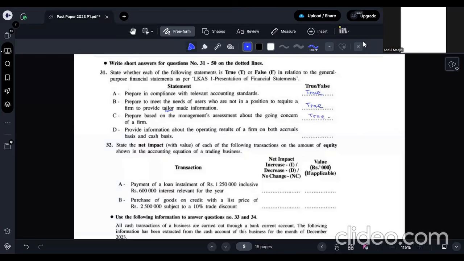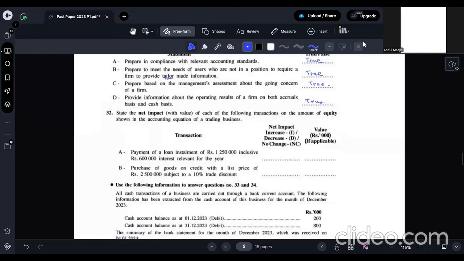Provide information about the operating result of a firm on both accrual basis and cash basis. To find the operating result on accrual basis, we prepare a statement of profit or loss. To find the performance of the business on cash basis, we prepare the cash flow statement. Therefore, that is true.